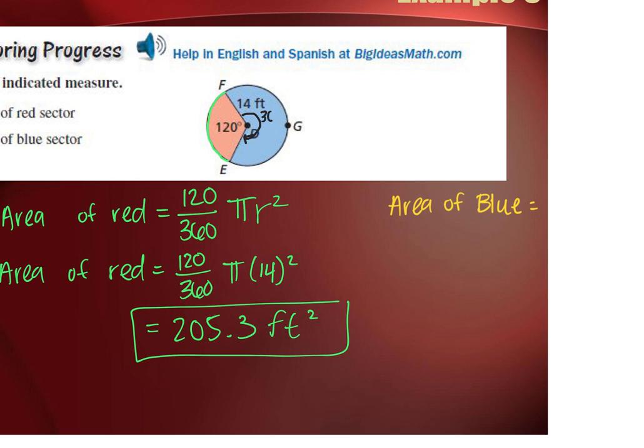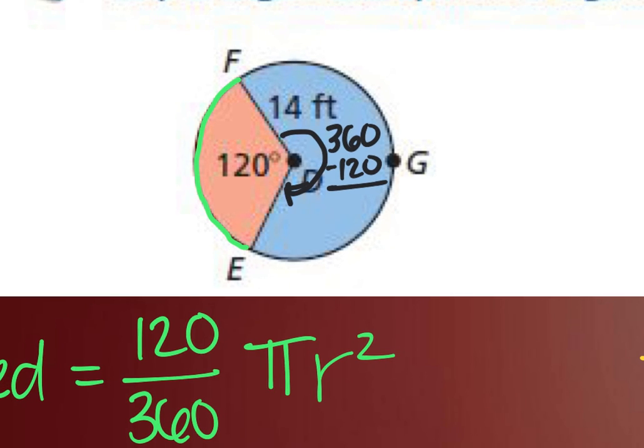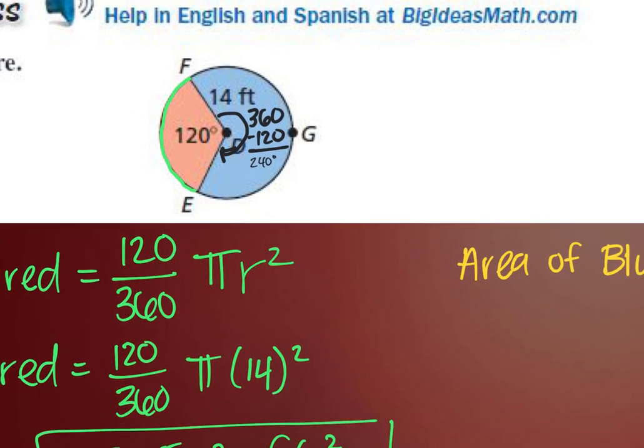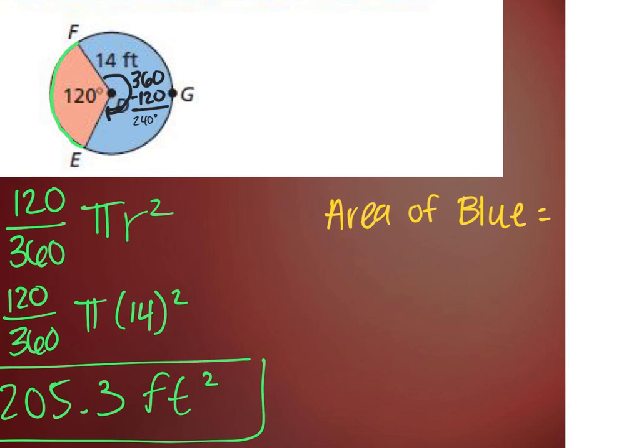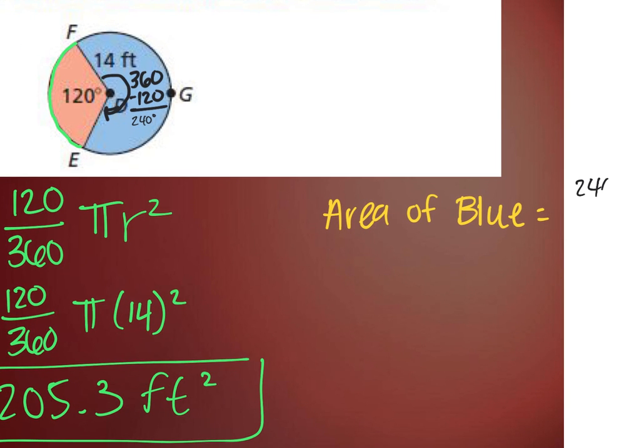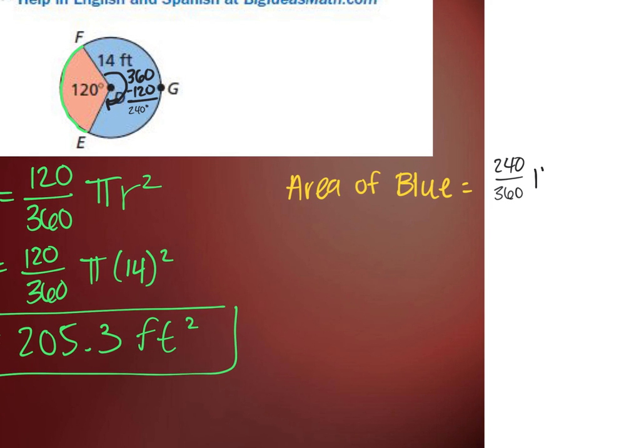Take 360 and subtract 120 from it, and that'll give us the arc on the other side, or the blue sector. And we should get 240 degrees. So we use that 240 in the area of the blue. So the area of the blue one is going to be 240 divided by 360 times the area of the whole thing, which is also going to be pi times 14 squared.